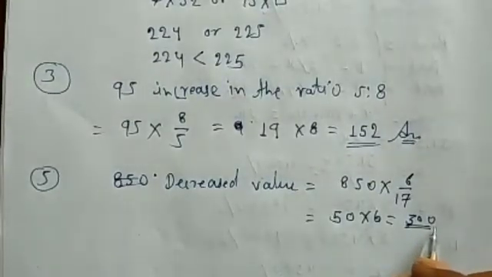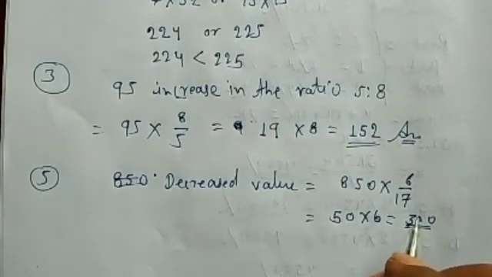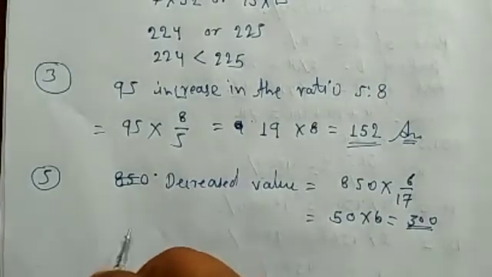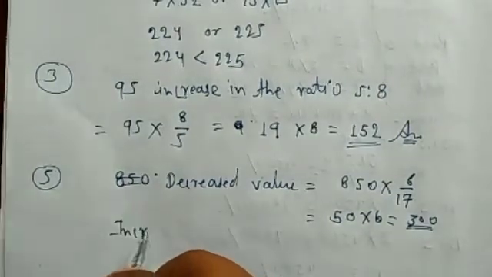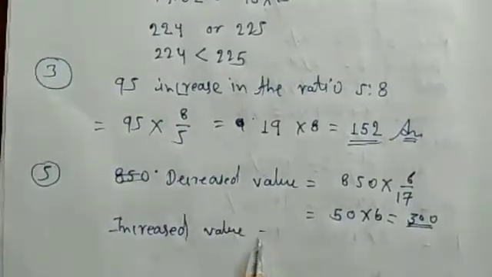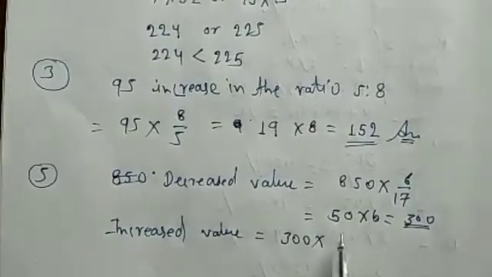Now this is the resulted value. Then increase the result in the ratio 5 upon 9. So now increased value equal to, this is 300 and ratio was there 5 upon 9.